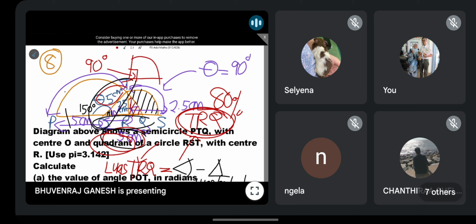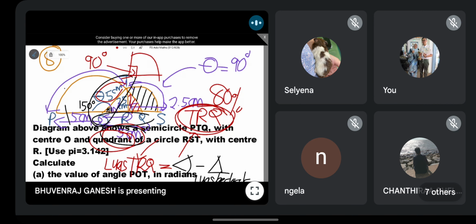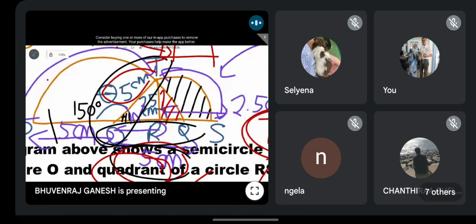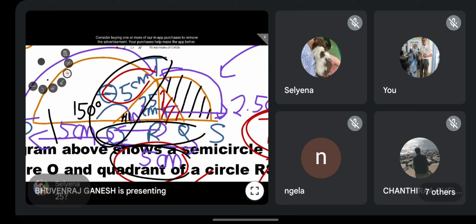Okay, so then jejari, radius kita tak ada. Okay, so what is the radius of this? Siapa tahu? Berdasarkan wajah, what is the radius of this diagram? Sorry, quadrant. Kamu boleh nampak dah, nilai dah ada kat situ. Yes, it's 2.5.